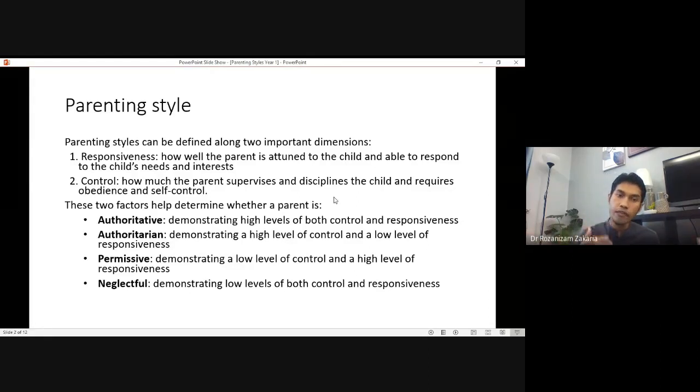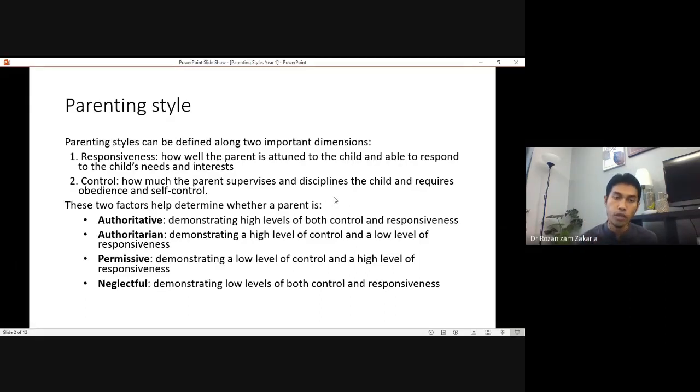So the degree of responsiveness and control varies differently. Some parents are very responsive, some parents are not responsive at all. Some parents are very controlling, some parents are not so much in control of their children. So people studied these different styles and eventually came to the conclusion that there are 4 types of parenting styles that you can derive from these 2 domains.